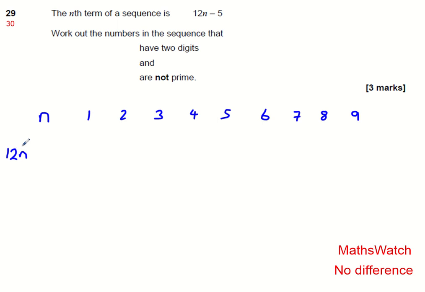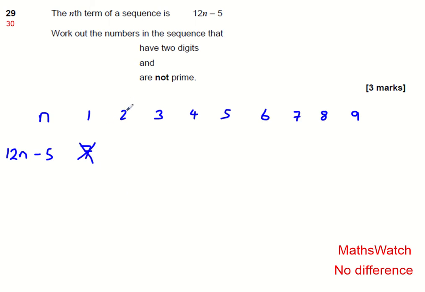So 12n means n times 12, and then we're going to subtract 5 from them. So if n is 1, 12 times 1 is 12, then minus 5 is 7. Now 7 can't be correct because it does not have 2 digits, so I'm going to eliminate it.